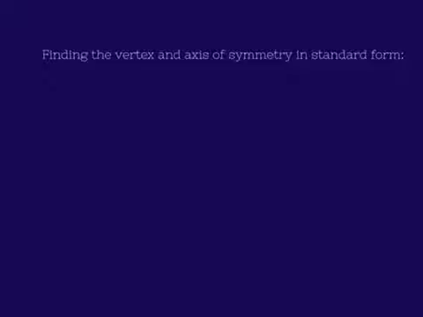So remember, we've talked quite a bit about standard form of a quadratic equation, and that is ax squared plus bx plus c. So in this form, we can't just look at it and know the vertex and the axis of symmetry like we can if it's in vertex form. So there's a way that we can find those, however.